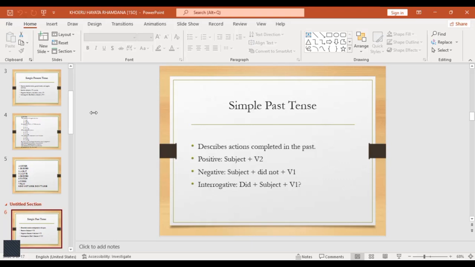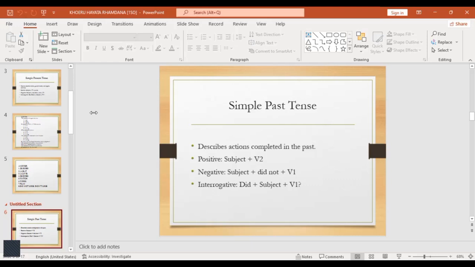In questions, we also use did at the beginning of the sentence. For example, did you enjoy the party? Here, did shows the past tense and enjoy remains in its base form.